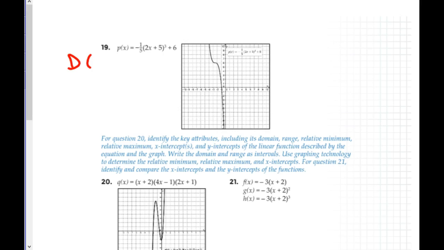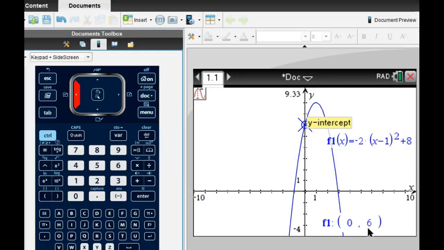Again, domain and range are always negative infinity to positive infinity. X-intercept is (-1, 0). Y-intercept is, I don't know, but we can figure it out by plugging it into the graph here.